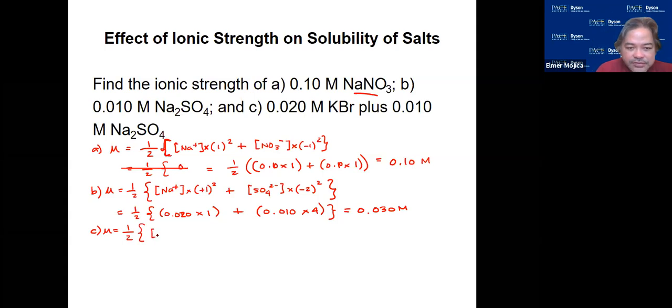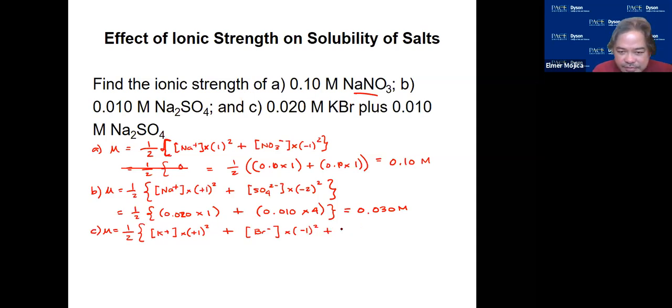You put there maybe the K plus times +1 squared, and then the Br minus times -1 squared, plus the sodium ions times +1 squared, and then plus the sulfate ions times -2 squared. So that's the whole thing that you have there.